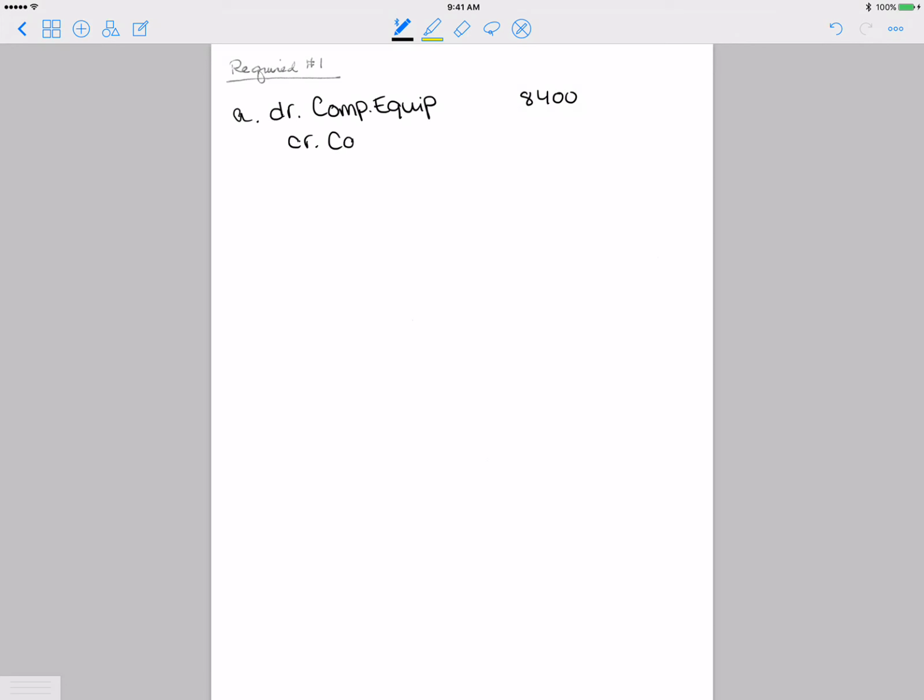We know we used cash, but only $2,000. And we have a note payable of the difference. The difference would be the $8,400 minus the $2,000 we used in cash, to give us $6,400 on note payable.